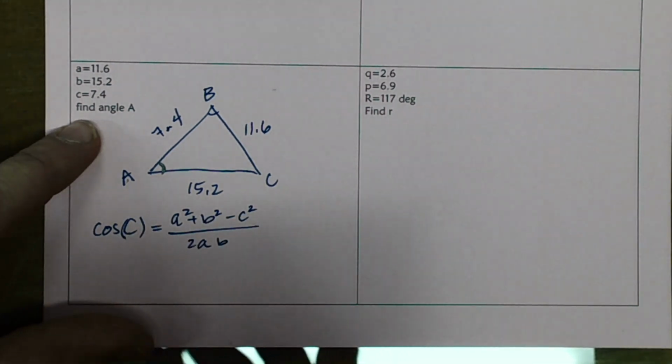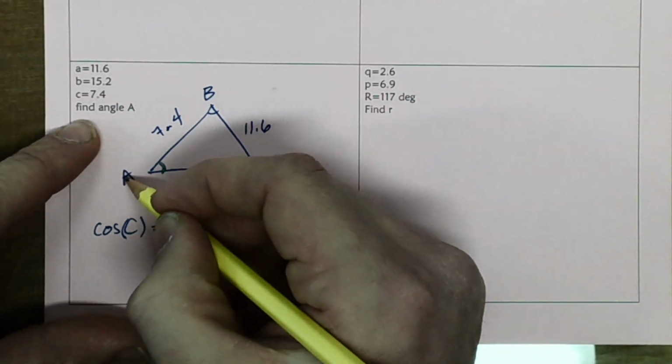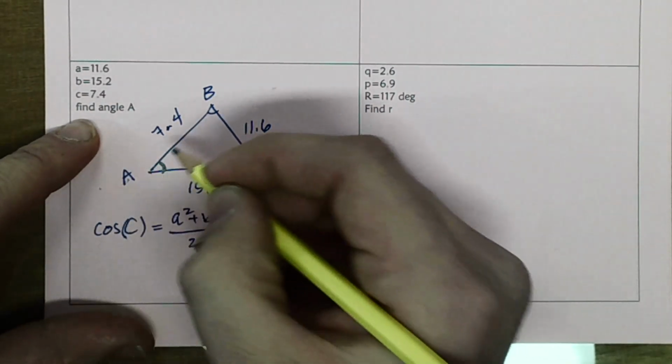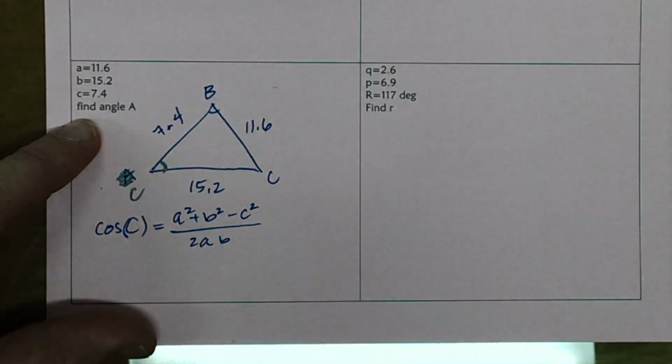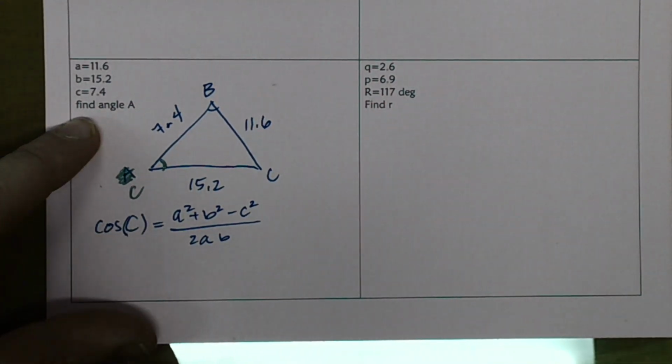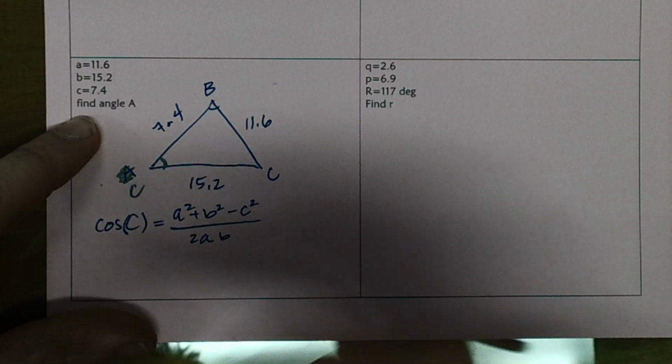Okay, so in order to put things in the right spot on this formula, you have to pretend that's not A, but we know it's A. And we're going to label it C so that we put it in the right spots. Okay, we're going to just adapt.